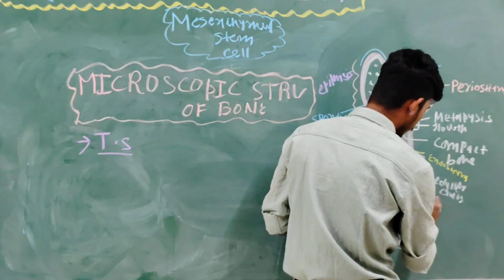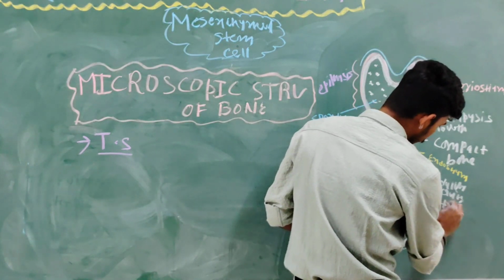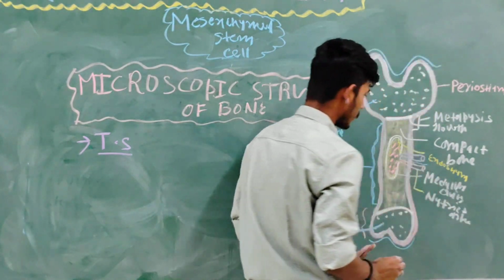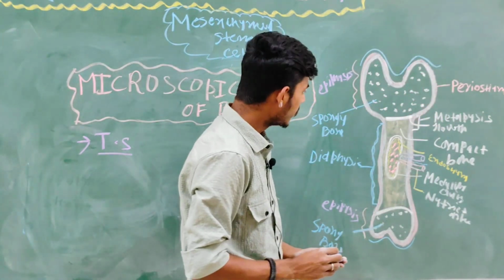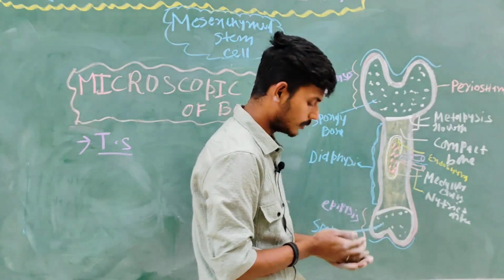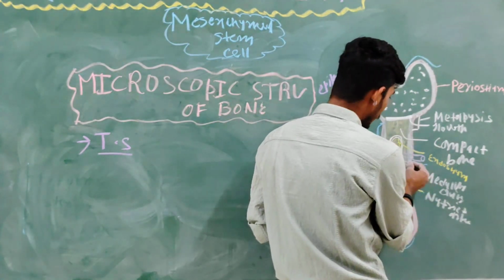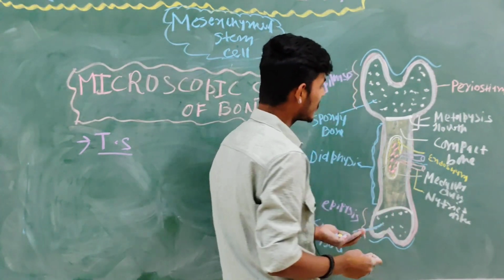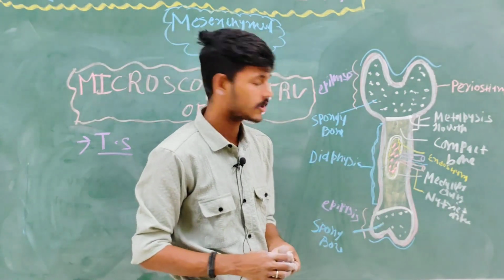Write down, this is important: nutrient artery. Understood? And there is a very peculiar supply of the bone. From here there will be an origin of the artery which supplies the periosteum, that's called the periosteal artery.